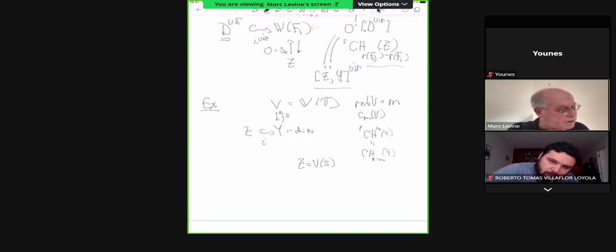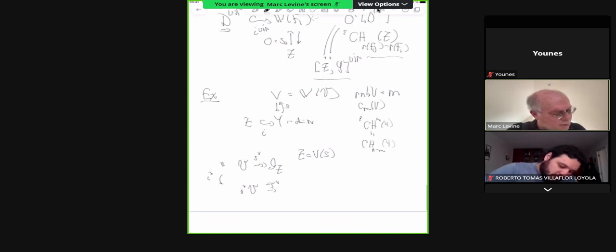So what you can do is, the section S gives you a map of V onto the ideal sheaf of Z. So this is like S dual. And then you can apply I star to it. You have I star of V, let me just call it S bar V, going to IZ mod IZ squared.